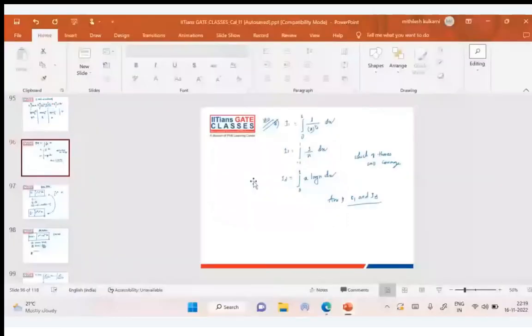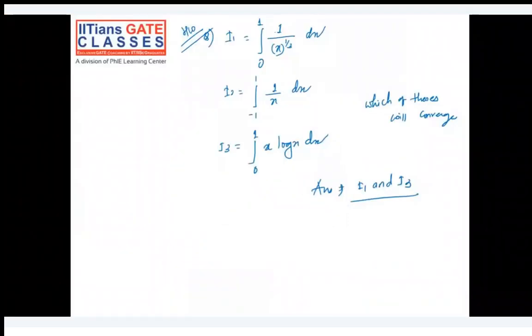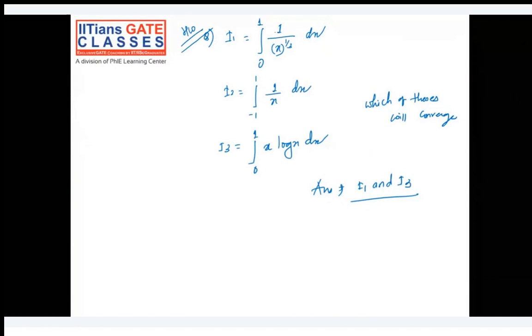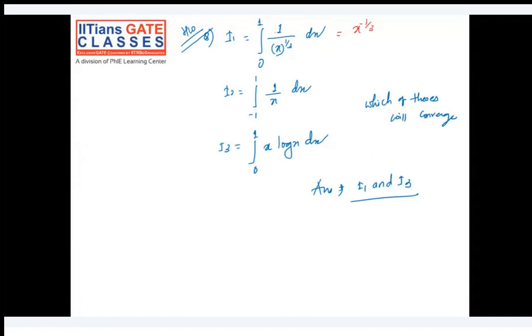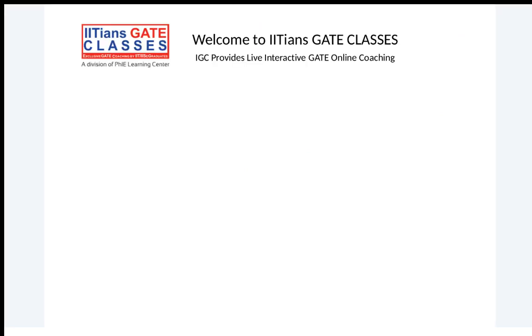Let me just help you with it. What is the integration of it? x raised to the power minus 1 by 3 plus 1 divided by minus 1 by 3 plus 1. Correct? Put the limit 0 to 1. In the denominator, what will you have? 2 by 3, so that will become reverse, finally minus 3 by 2 of 1 by x power 2 by 3.